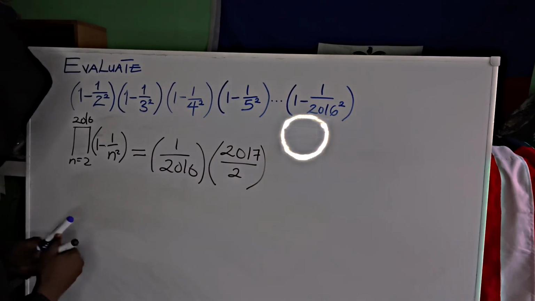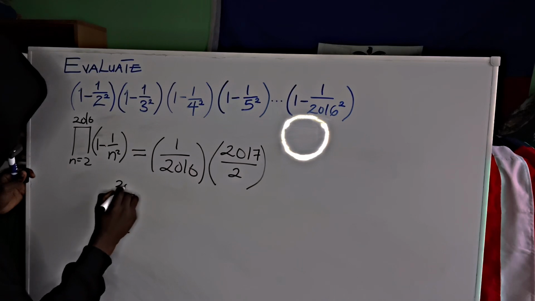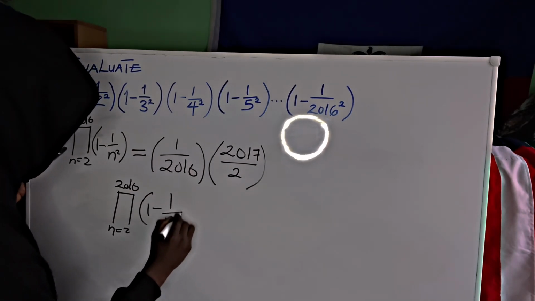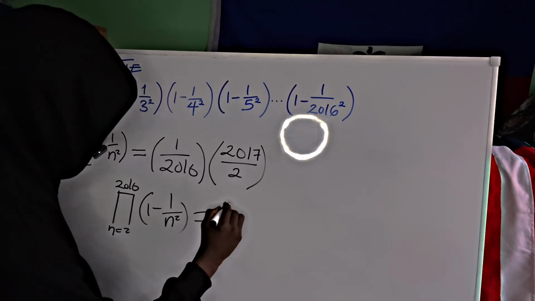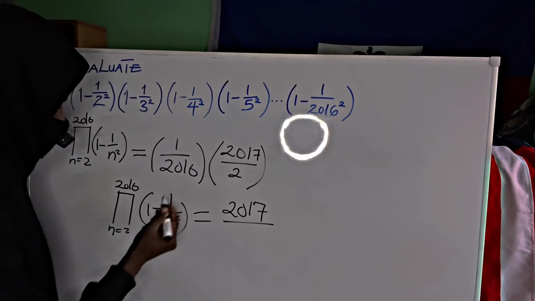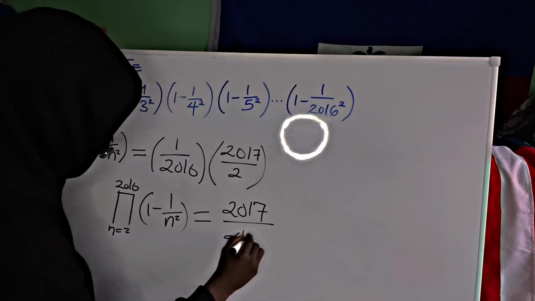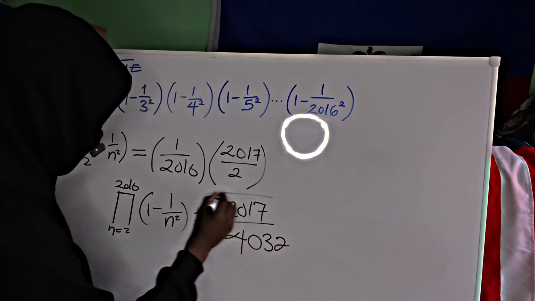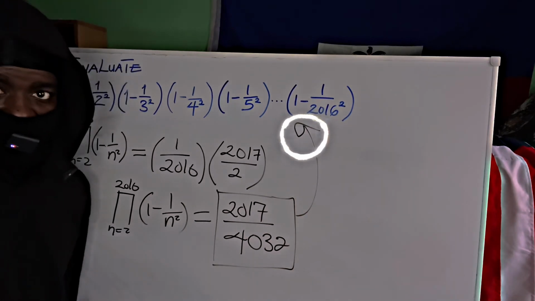All we need to do now: the product from n equals 2 to 2016 of (1 − 1/n²) would just be equal to 1 times 2017, which is 2017, all over 2016 times 2. This is going to give us 2017/4032. So this is the unique value of this complex product.